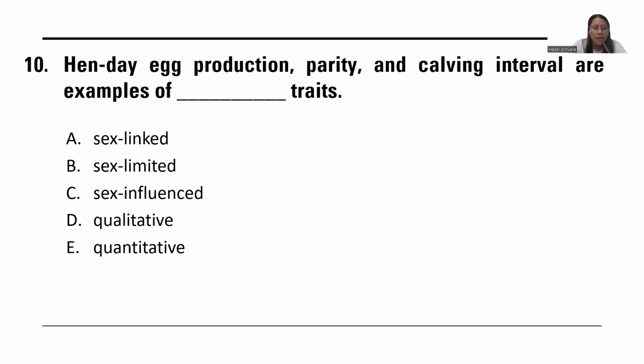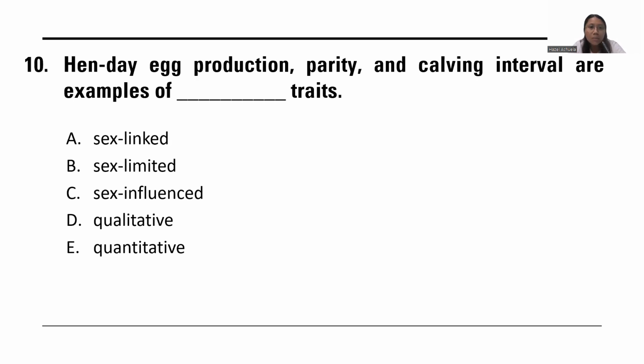Number 10, hen-day egg production, parity, and calving interval are examples of what traits? I repeat the question. Hen-day egg production, parity, and calving interval are examples of what traits? A, sex-linked. B, sex-limited. C, sex-influenced. D, qualitative. E, quantitative.